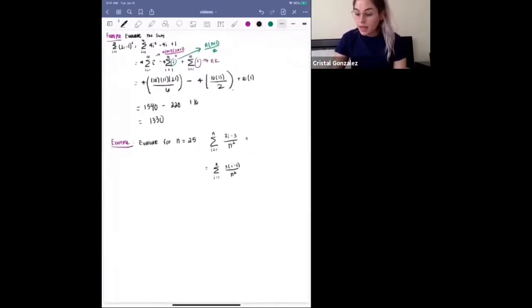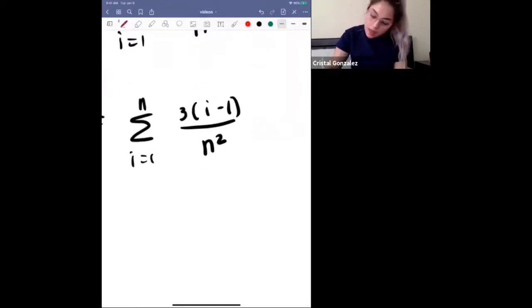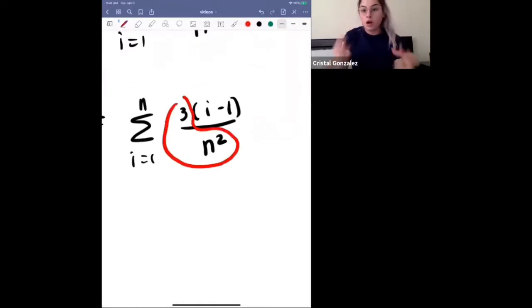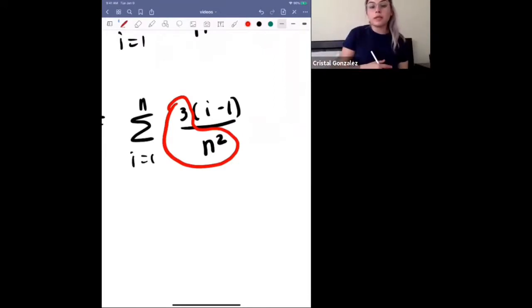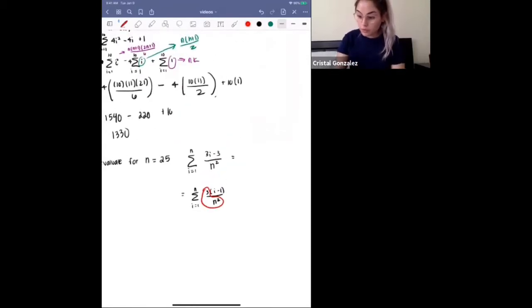Now, I made it in red so that you can see, this is just a constant. It's actually a small constant because the denominator is really big. But it's just a constant, and so we can factor that out because it doesn't involve i at all. So we don't have to iterate through those. We can save ourselves the time and the trouble and factor that out.